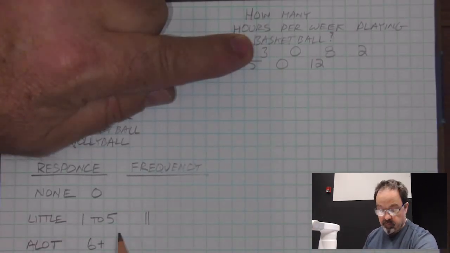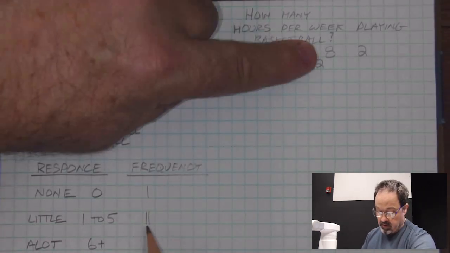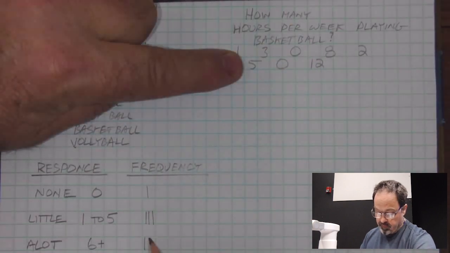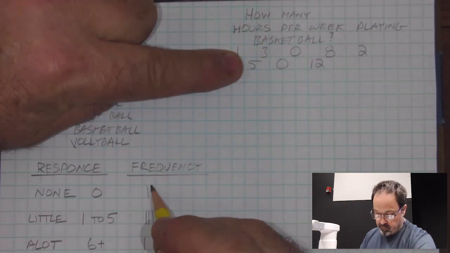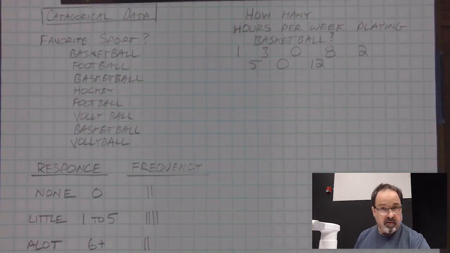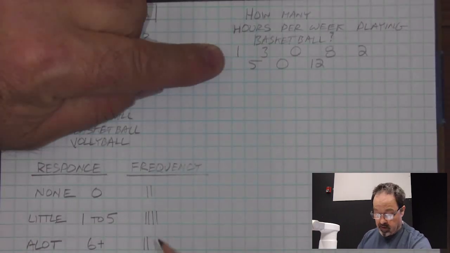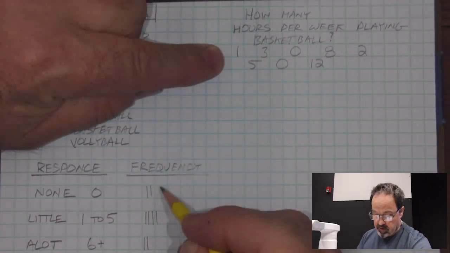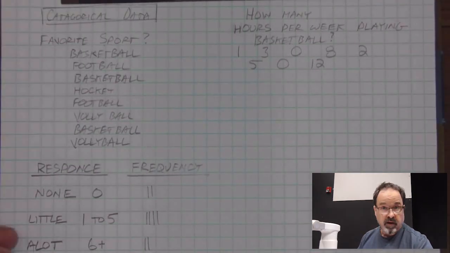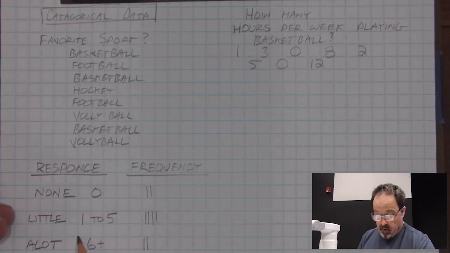The 3 belongs into the little category. 0 is none. 8 is a lot. 2 is a little, 5 is a little, there's another 0, and a 12 is a lot. So I've used the tally technique to keep track of where I was in my data, and I put those numbers into the categories. So now my categories represent how many responses belong to that category.